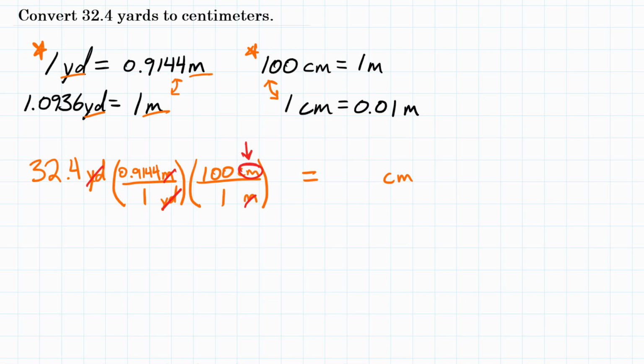Okay, so let's do the math. What are we going to put into our calculator? Since this is dimensional analysis, we're multiplying by fractions. We're going to multiply by the top of each fraction, divide by the bottom, skipping any ones because they will not change our number. So we're going to start with 32.4.